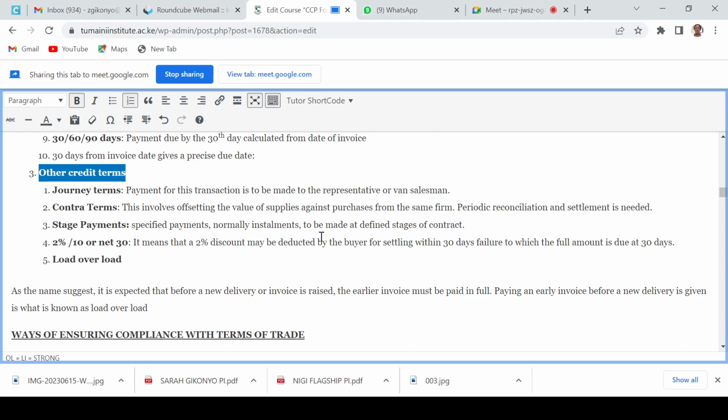So there is a transaction that is contra. I have an account with you, you have an account with me. So sometimes what we call offsetting happens, though this one is very much discouraged and not encouraged in accounting. It involves offsetting the value of supplies against purchases from the same firm. So I don't owe you a debt, it is like that story we usually start with.